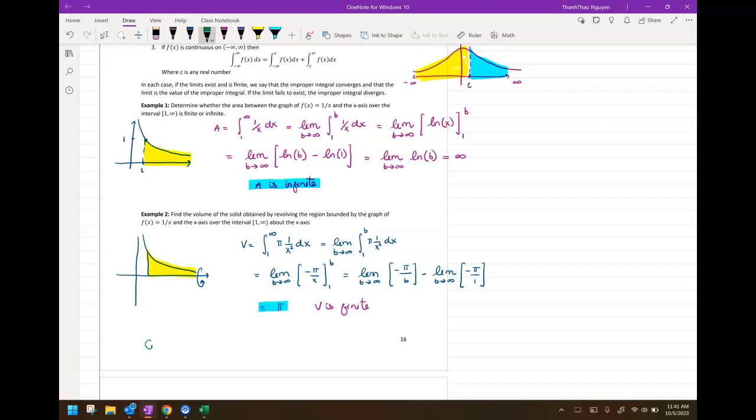This is the Gabriel's horn. We have the area is infinite, but the volume is finite.